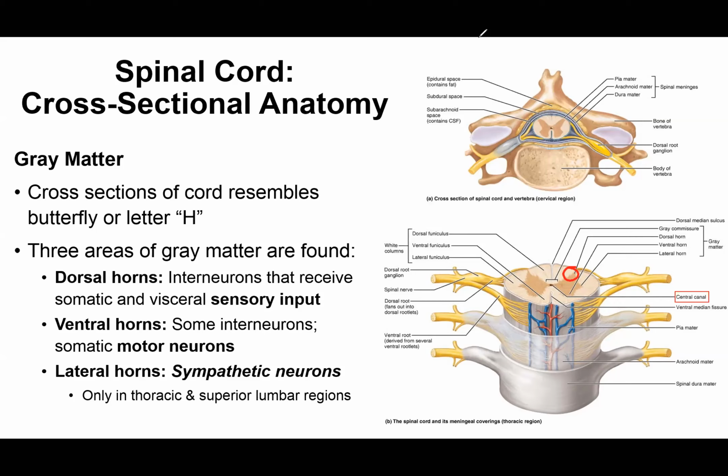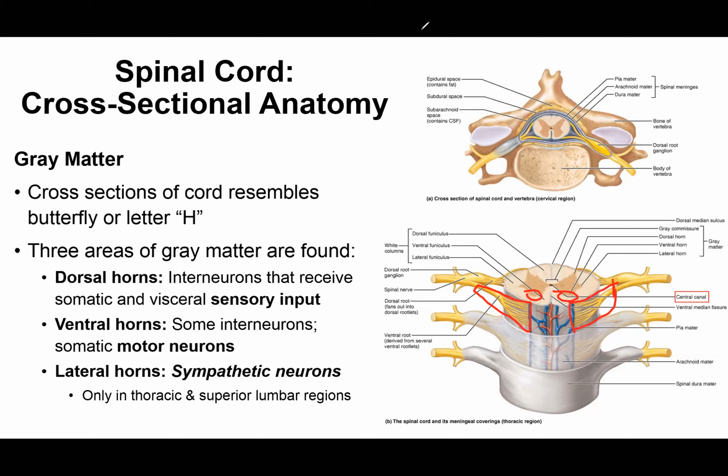The ventral horns give rise to ventral roots. So if those are the ventral horns, then you can see the nerve coming off of this side of the spinal cord.